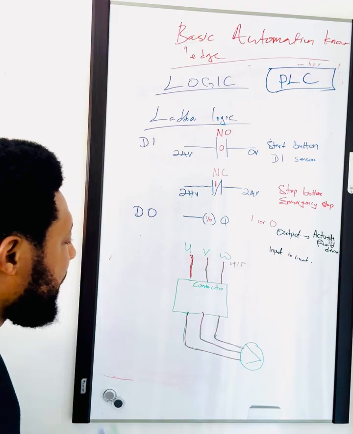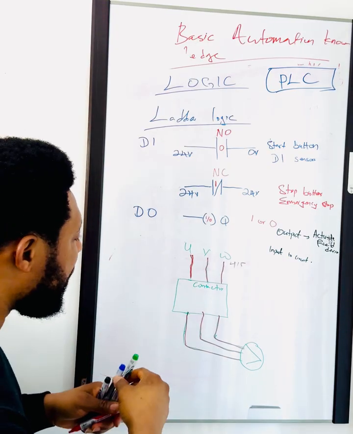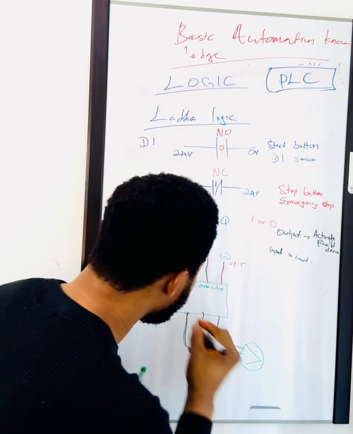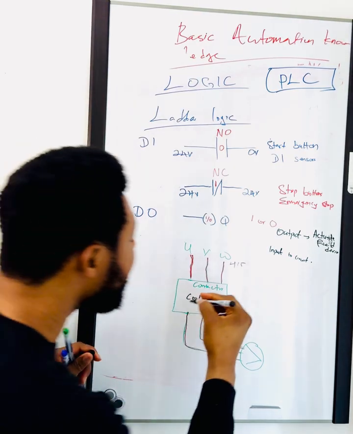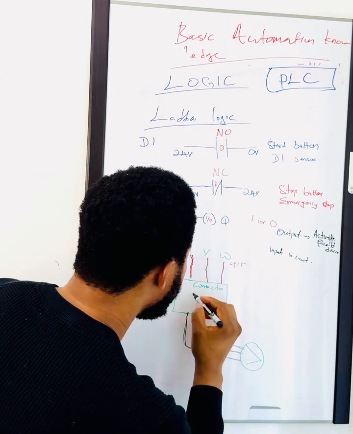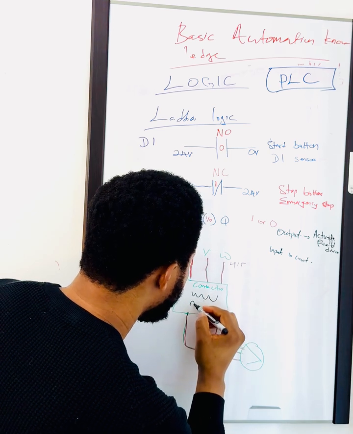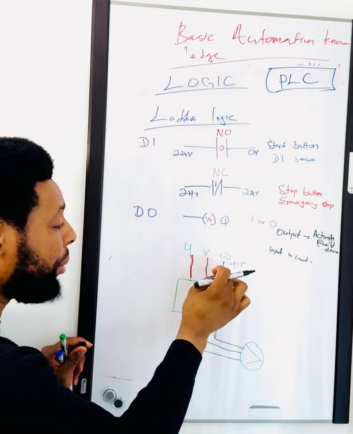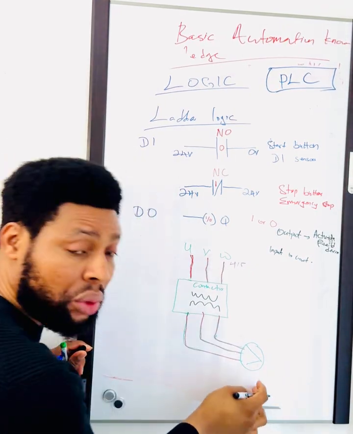Let's leave it like this. Inside of this, you are going to have your coil. So the coil is like this, meaning there's a gap between the input and the output. So this motor will not run.